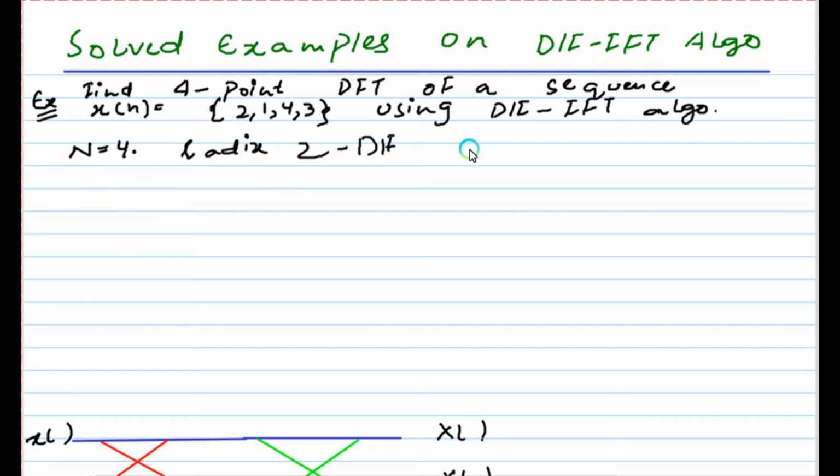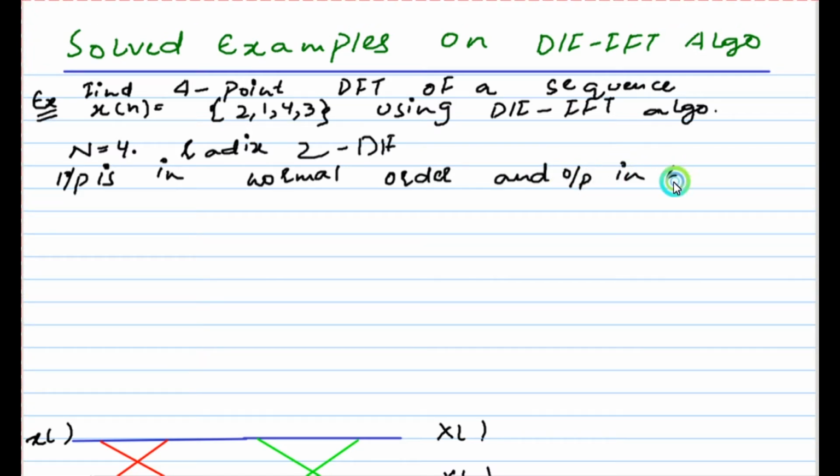Since it is a decimation frequency algorithm, we know that the input is in normal order and the output is in bit reversed order.